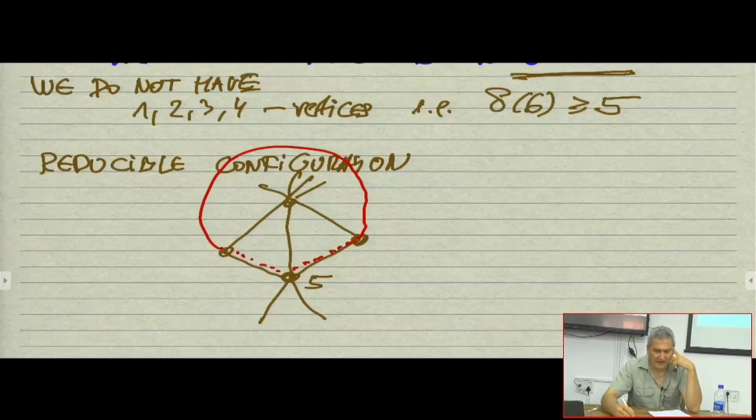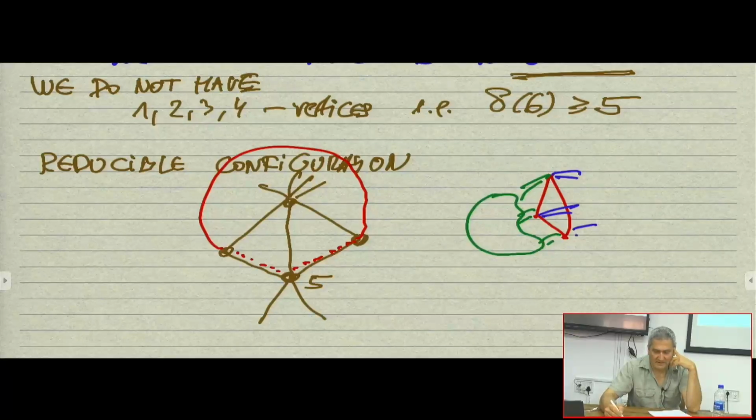This means, if I draw it a little bit again here, this red triangle is like this, and then I have something here, and then I have something here. It is a clique cut.